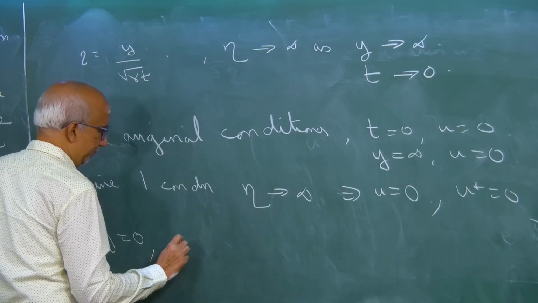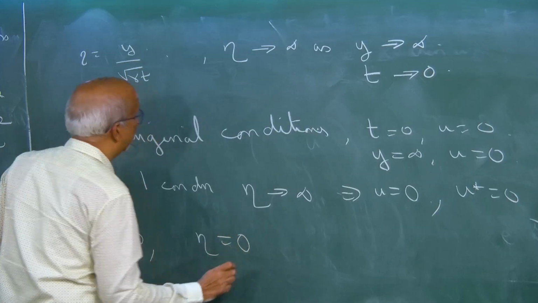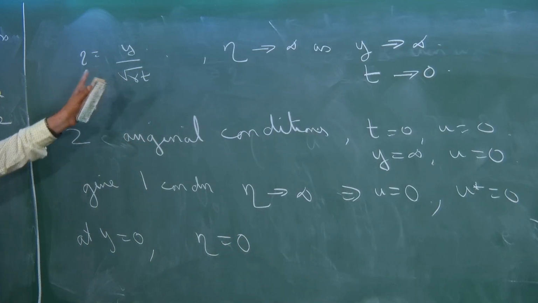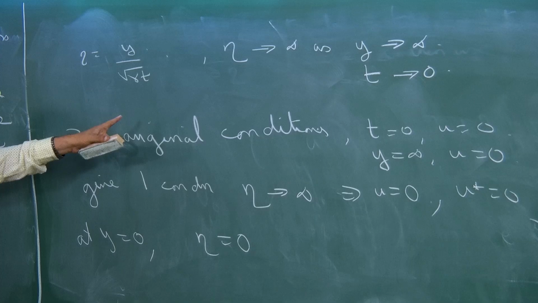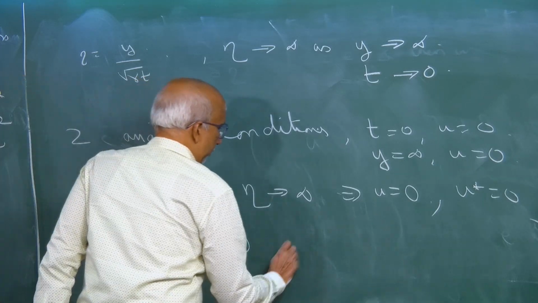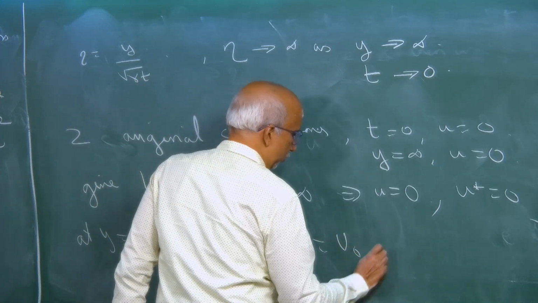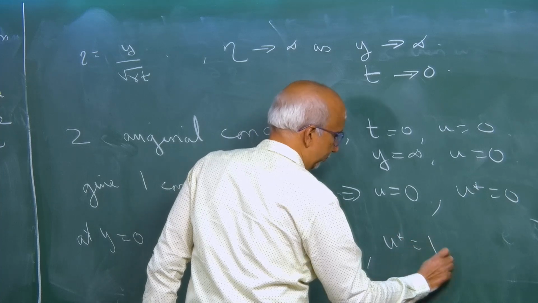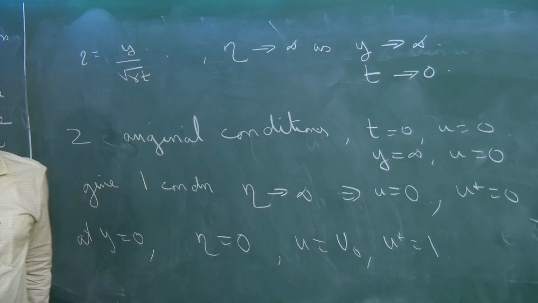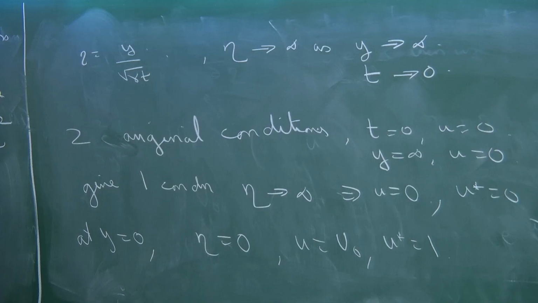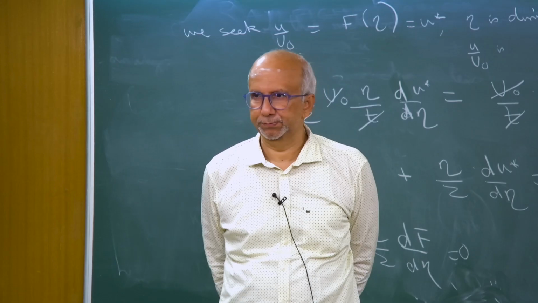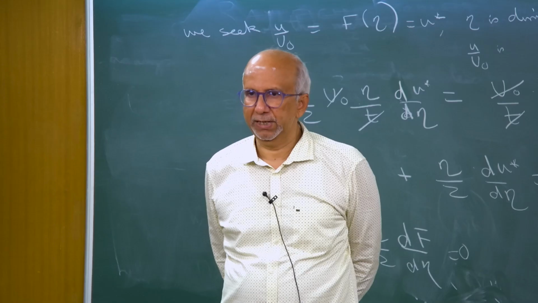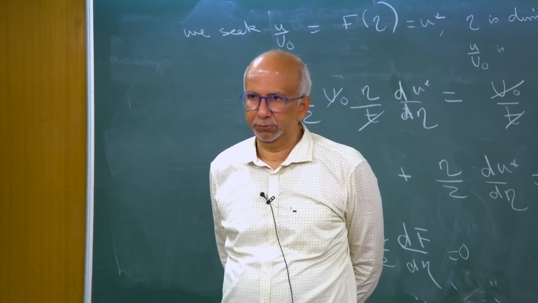What is eta? Eta is going to be 0 for all times. U is equal to u naught or u star equal to 1 or f equal to 1. So, those three conditions which were bothering me, how am I going to let go of one condition and give me two conditions? I get this. So, basically I am now in a position to solve this.